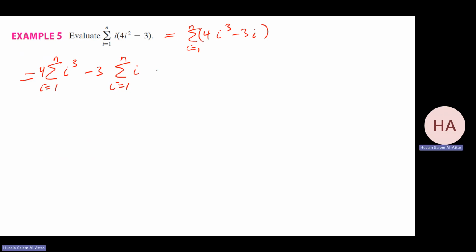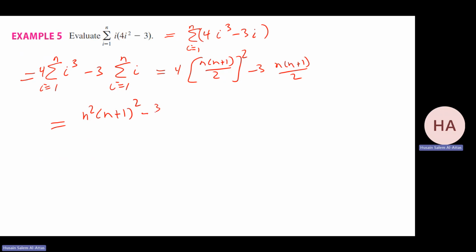That gives me what? 4 times n(n+1) over 2, all squared. And this is (n+1) over 2. So that gives me n squared times (n+1) squared, since this 4 cancels with 4, minus 3 over 2 n squared minus 3 over 2 n.